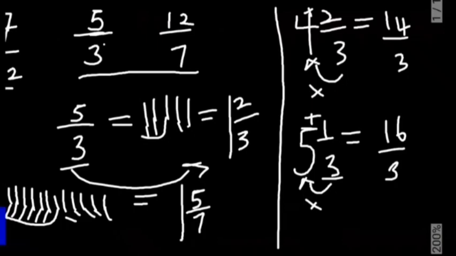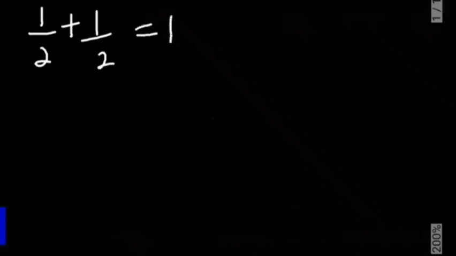So let's talk about how to add fractions. How do we add fractions? I'll be showing you how to add fractions. We have half plus half. Think about it. What is half plus half? Half plus half is 1. But how is half plus half 1?